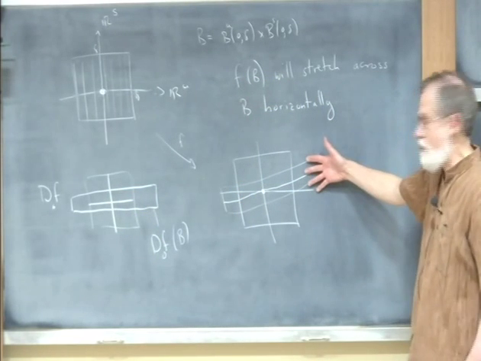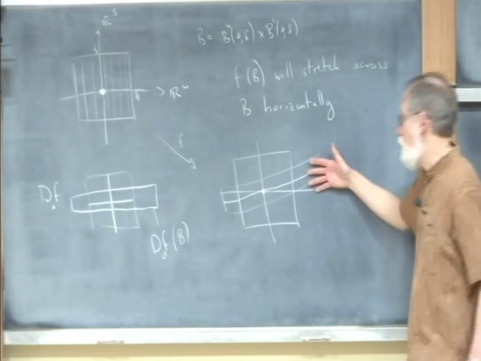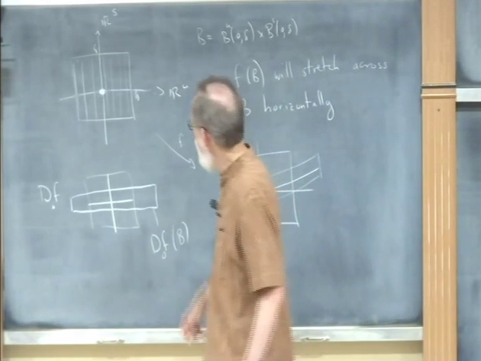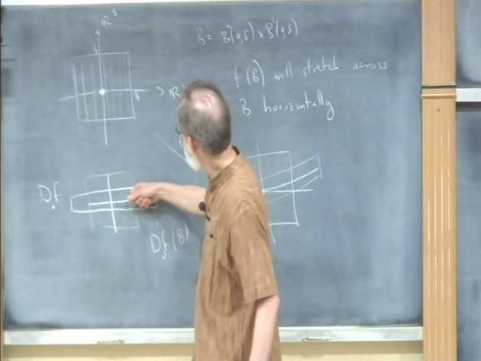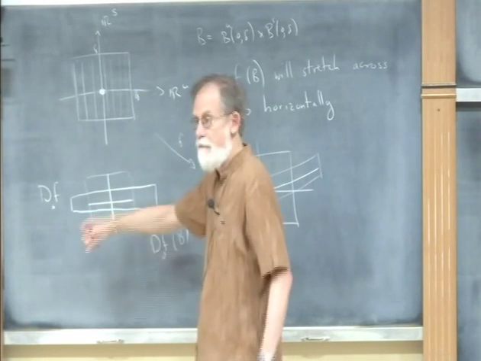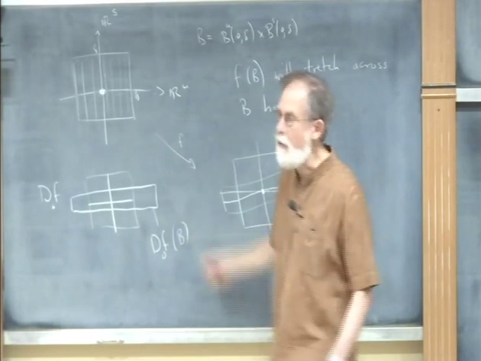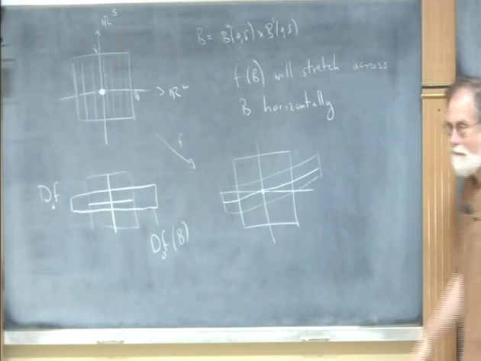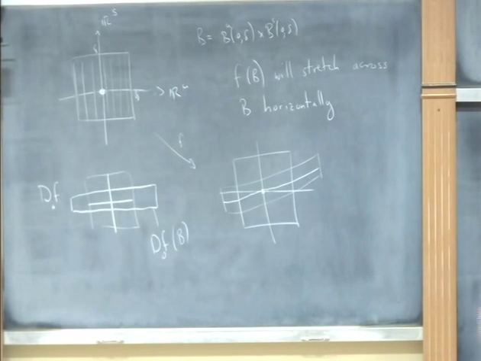And so my picture here amounts to saying that as long as you're close enough to the origin, the difference between the actual f and the action of the derivative is second order and is not going to make too much difference. So we will see a picture that looks like that. So that is the main idea.